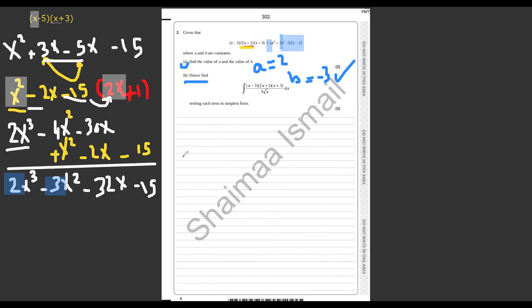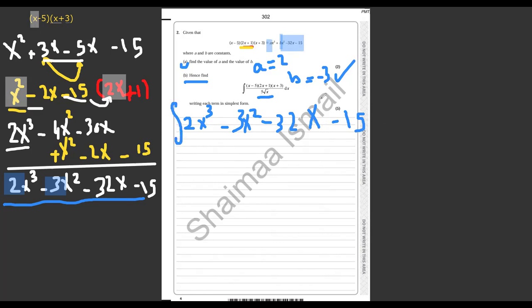Okay, so we are going to copy the same equation here, which we already merged: 2x cubed minus 3x squared minus 32x minus 15. Every term will be divided by, I'm just copying it, I haven't done the integration yet.